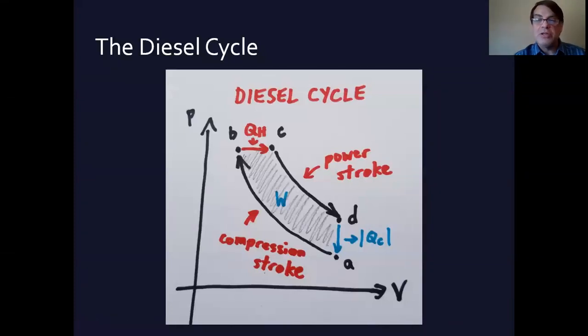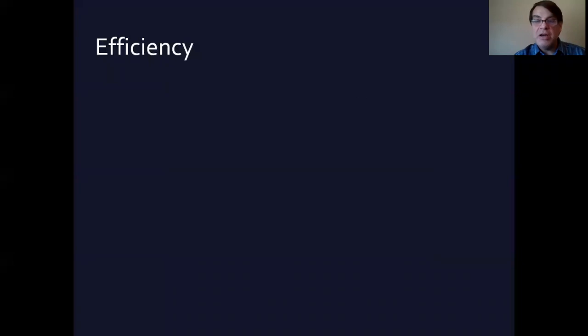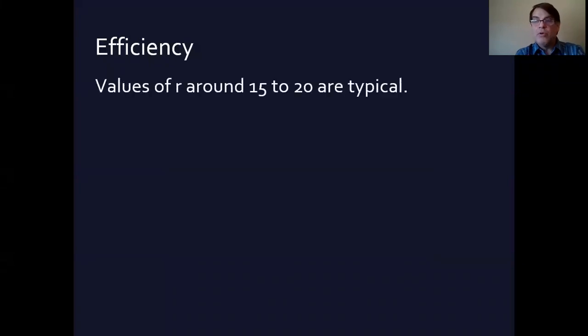So the difference between the Otto cycle and the diesel cycle is again that you don't have an ignition with a spark plug, you have an ignition as the volume expands a little on its own. For a diesel engine, an r value of about 15 to 20 is typical, so you have much more expansion of the cylinder, which leads to greater efficiency, right?